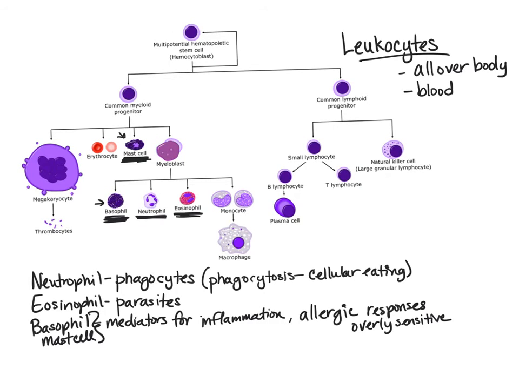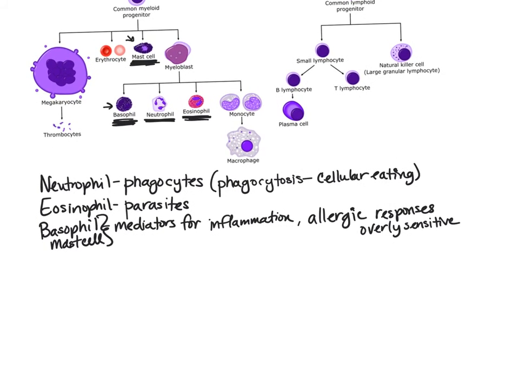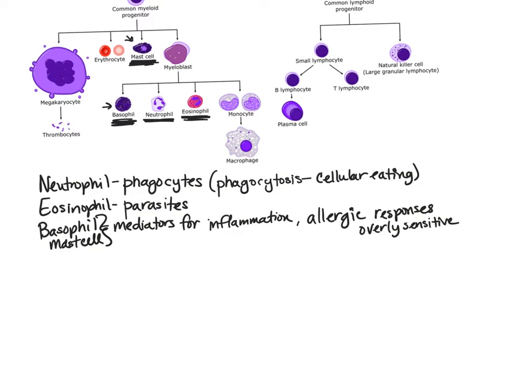So then, let's move this up a little bit here. The next type of cell that we're going to take a look at are macrophages. That's this big guy down here. Our macrophages are our second phagocytic cell.